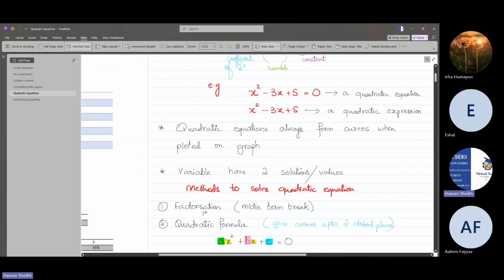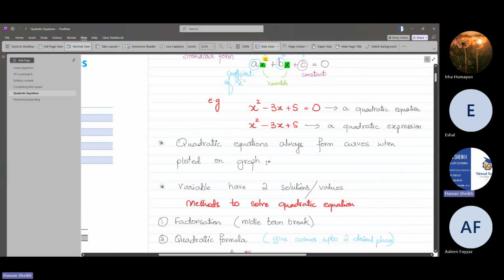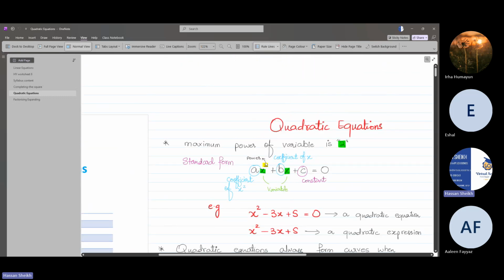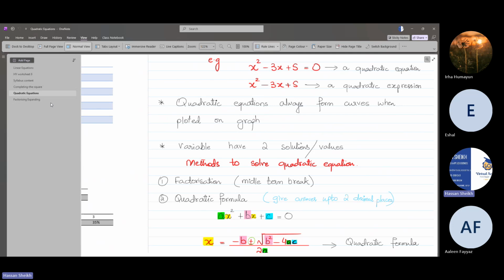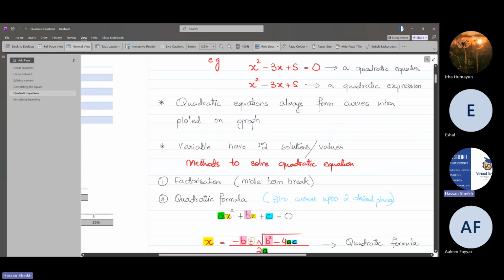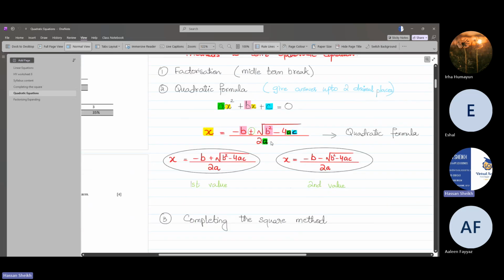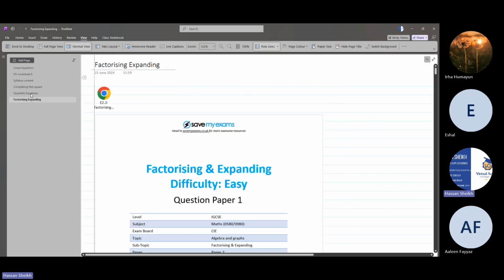And we always get two answers or two solutions when we solve quadratic equations. Now let's start with the first method, which is factorization. We solve a few questions from factorization, then we'll move on to the quadratic formula and then the completing the square. Okay, girls?